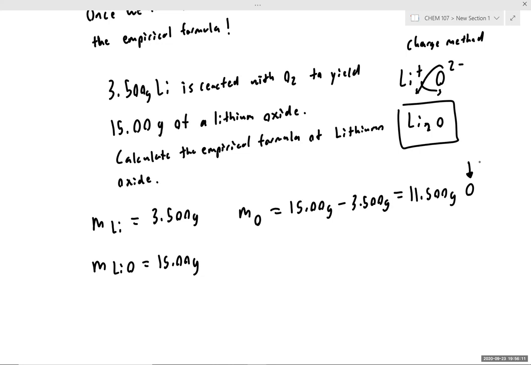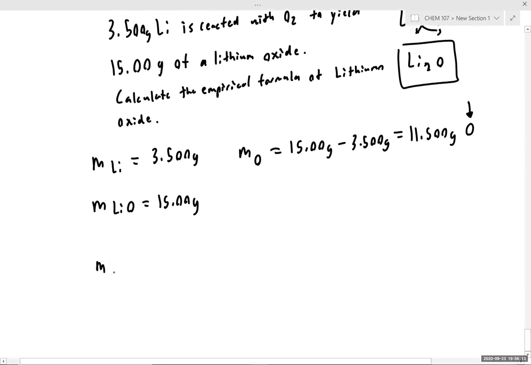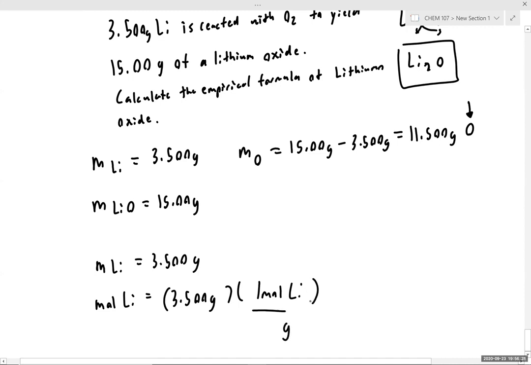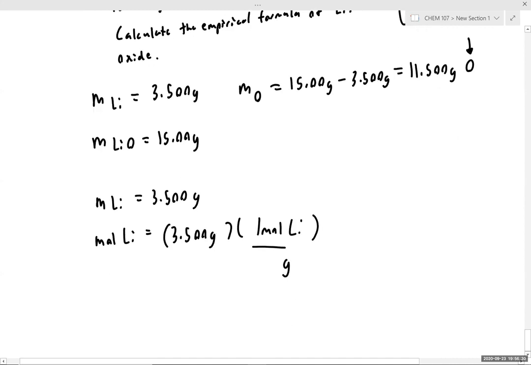Yes. Now, we have the mass of lithium, so we can calculate the moles of lithium. So 3.500 grams. And what is the molar mass of lithium? In 1 mole of lithium, how many grams do we have, roughly? 6.94.